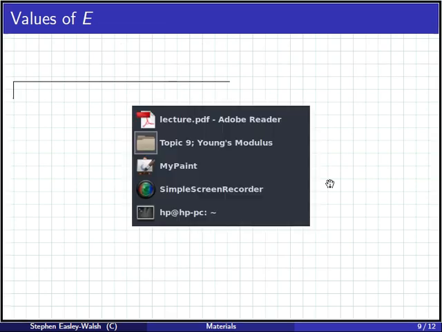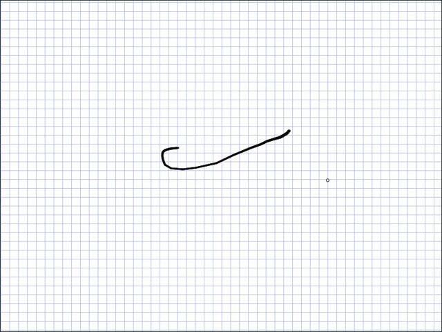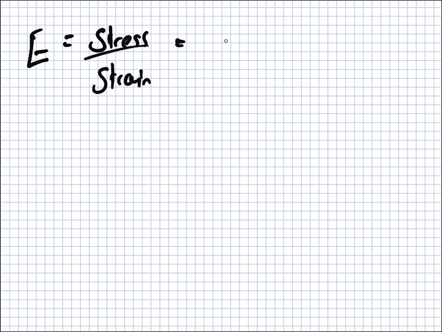Now, what I want to have a look at briefly, before we continue, is the relationship between stiffness constant K and Young's modulus E. Young's modulus is stress over strain, which equals force over area over extension over length.